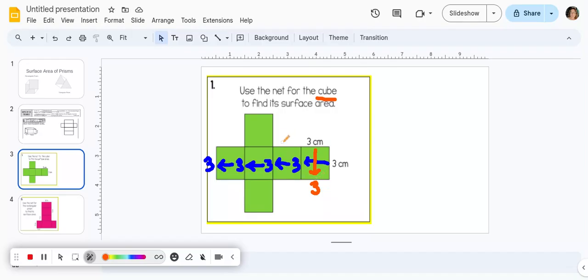So all my sides are going to be 3 centimeters. Now, do I need to know every single side? No, not really. But I do know that opposite sides are going to be equal.